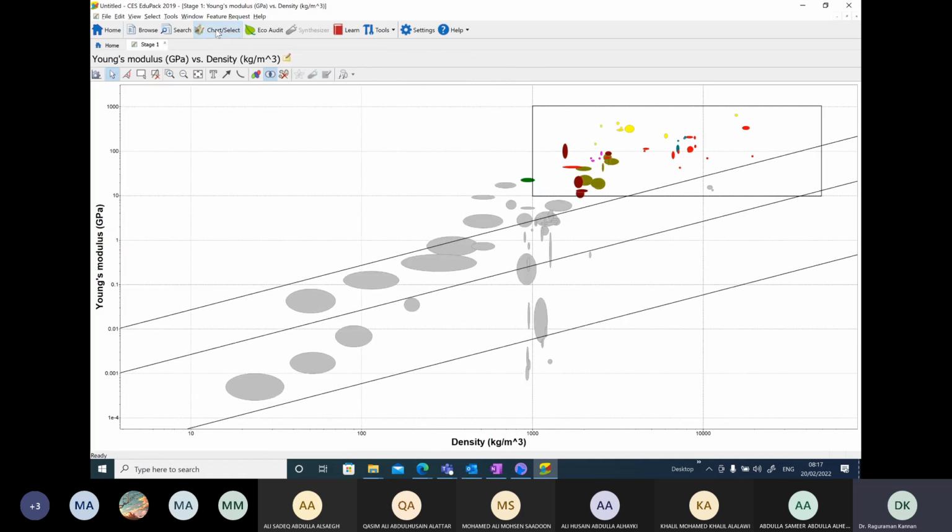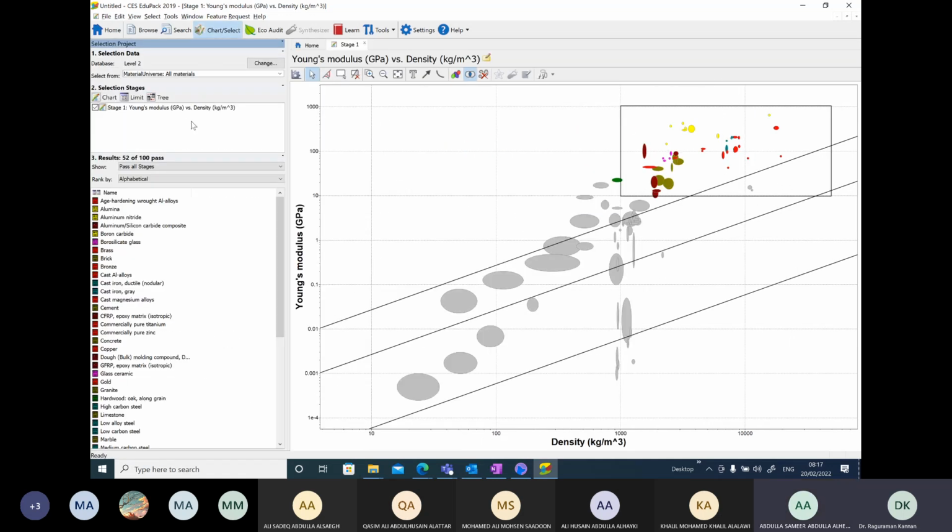So let's see here. Doctor, how do I know where I drew the slope? Okay, so you will have to calculate the values. For example, here this is on a log plot.